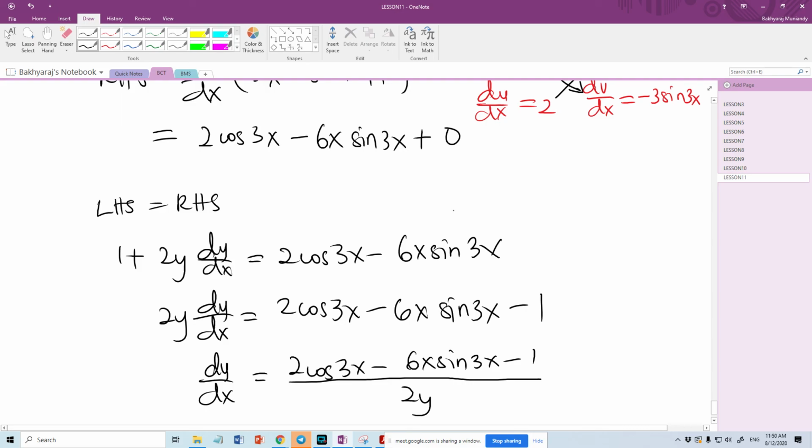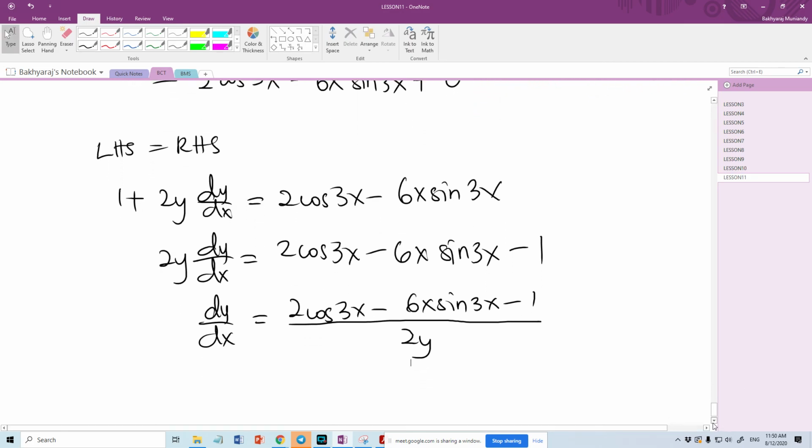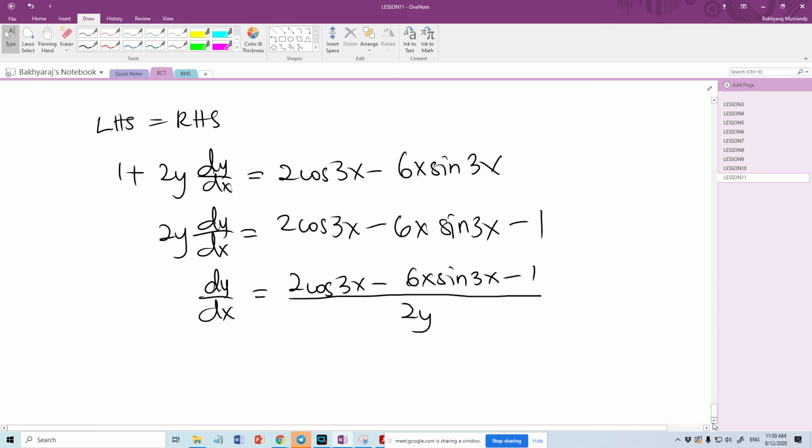Okay, once you have this answer, now you can go for the substitution. Substitution of 0 and 1. We know that our x is 0 and y is 1.